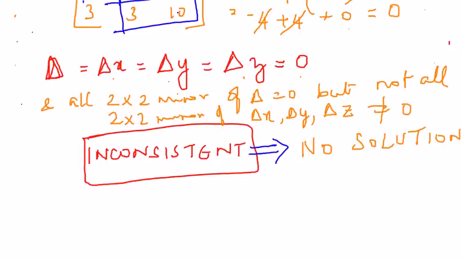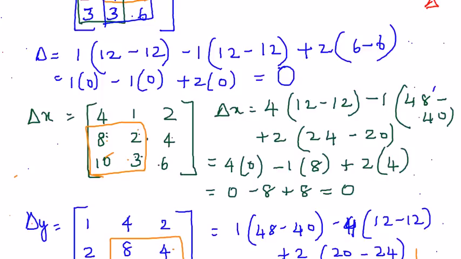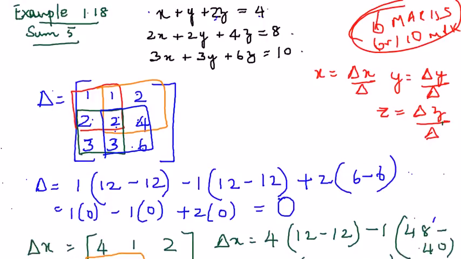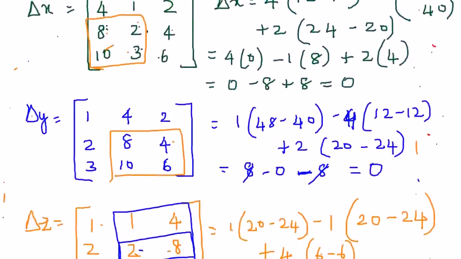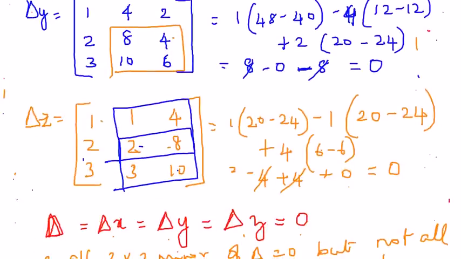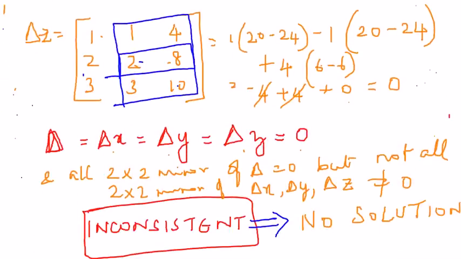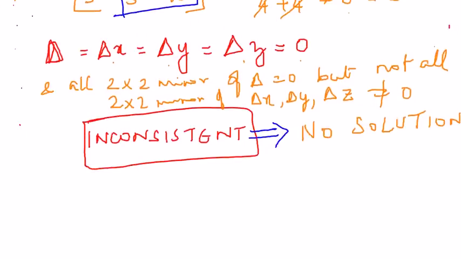Although del x, del y and del z are 0, any 2 cross 2 minor in del has determinant value 0. But in del x, del y and del z, there are a few 2 cross 2 minors where the determinant value is not equal to 0. So hence we say that the system is inconsistent and has no solution.